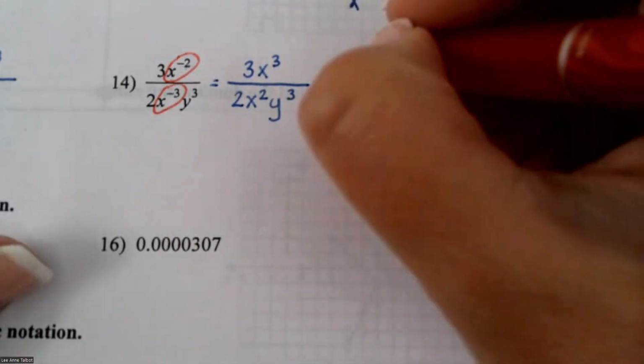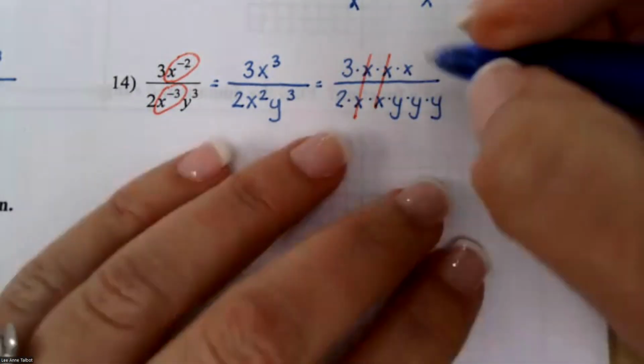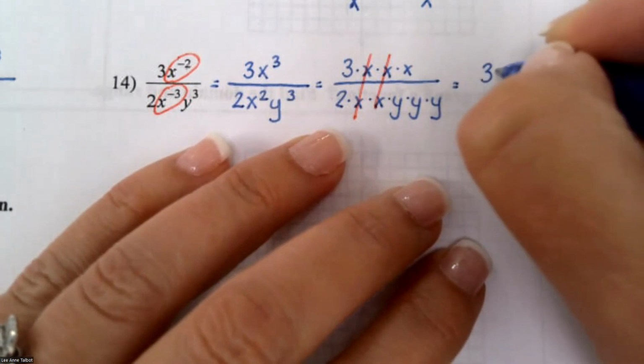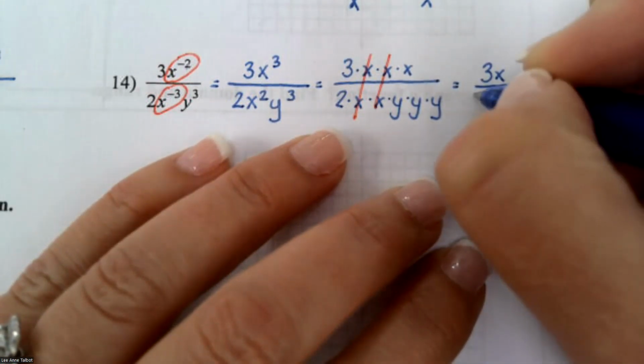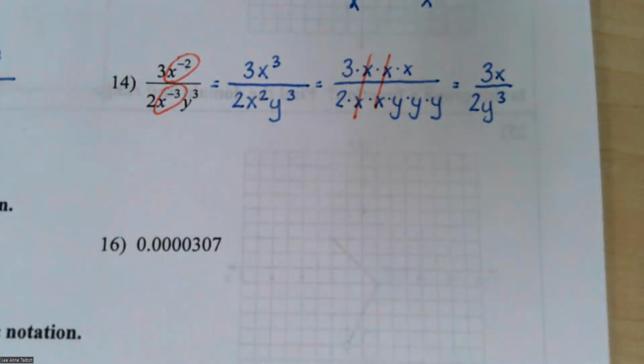Okay, giant ones here and here. And I have 3x on the top and 2y cubed on the bottom.